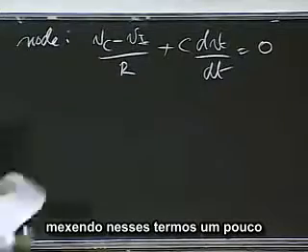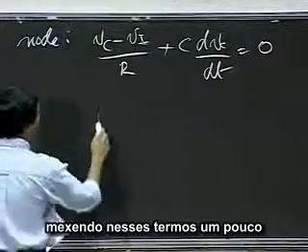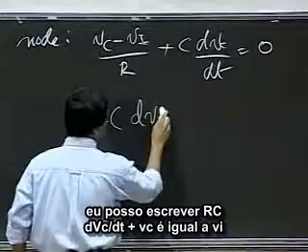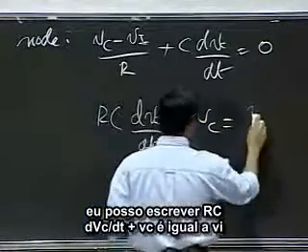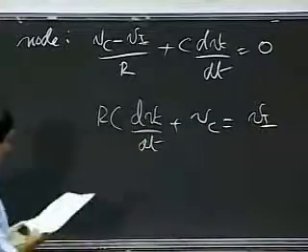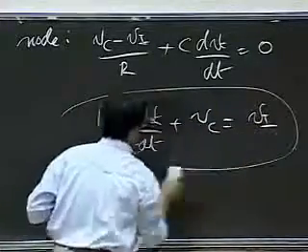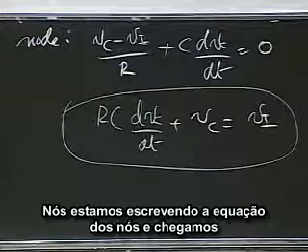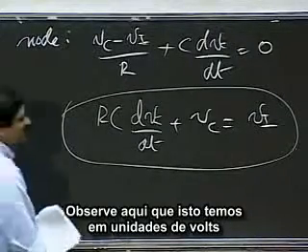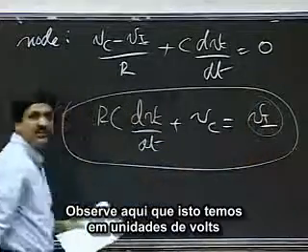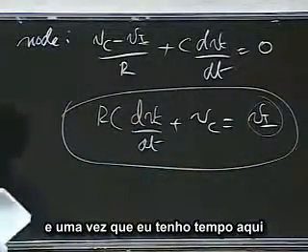All right? So just shuffling things around a little bit, I can write RC dVC/dt plus VC equals VI. So by writing the node equation, I then get the equation that characterizes this little circuit. Notice here that this has units of volts, okay?